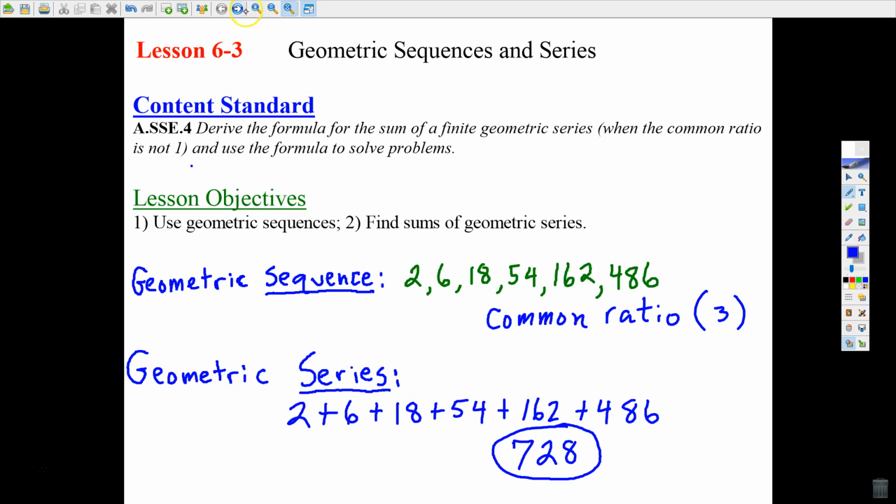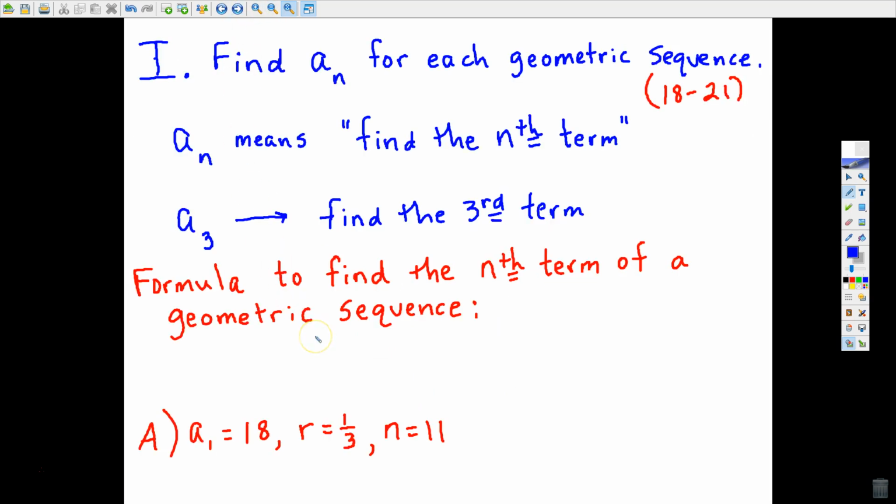Okay? So with that said, let's get into some specifics regarding your homework. First of all, I want to make sure you understand some symbols, some notations. This first block of problems, 18 through 21, are going to ask you to find what they call A sub n.